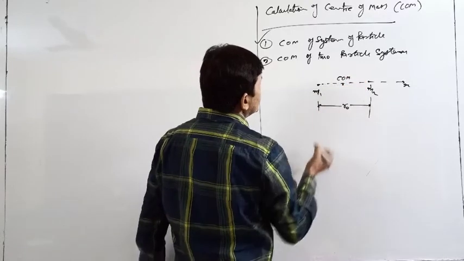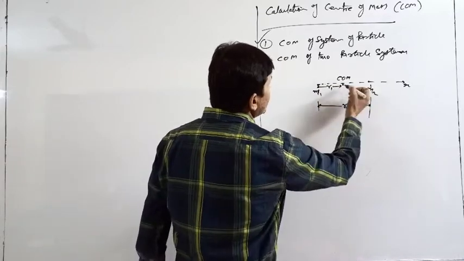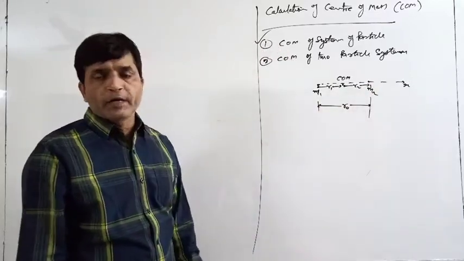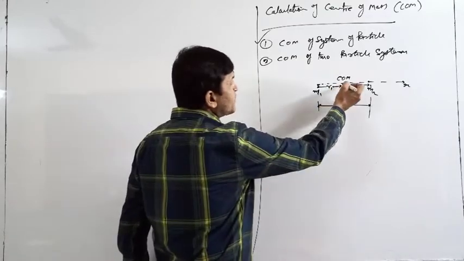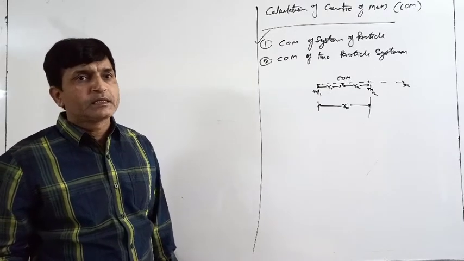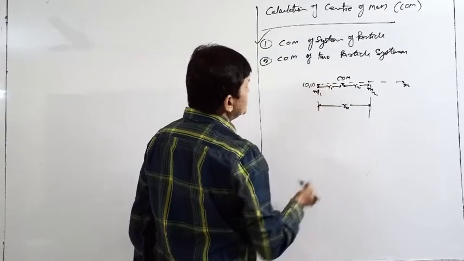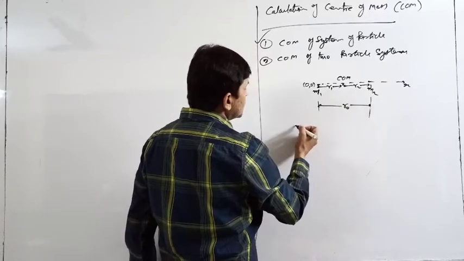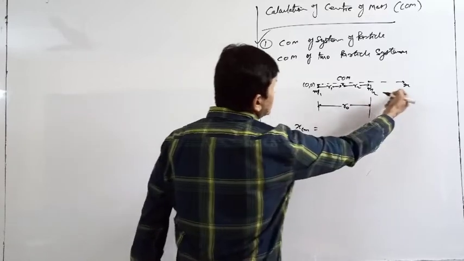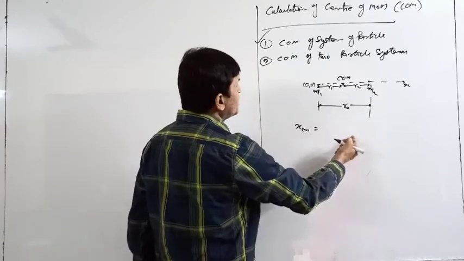COM is here, at a distance R1 from mass M1, and let R2 be the distance from mass M2. So we have to find R1. If we consider this as the origin (0, 0), now you can simply find X_CM, the x coordinate of the center of mass: M1 x1 plus M2 x2 by total mass.